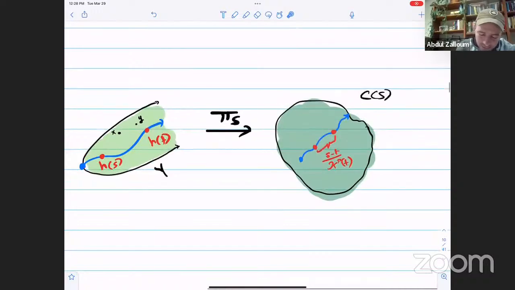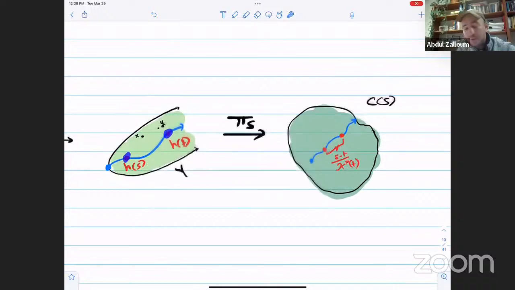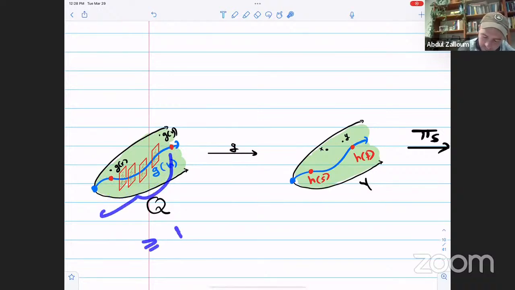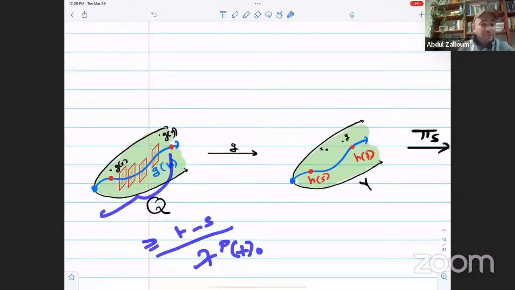Now here are my 2 points in the actual space in the HHS. Now, items 1 and 2 of this proof showed you that if the distance you make here is like n, you must cross at least n separated hyperplanes in the cube complex. So if you go look at the cube complex here, you're going to cross at least t minus s over kappa to the p of t separated hyperplanes.